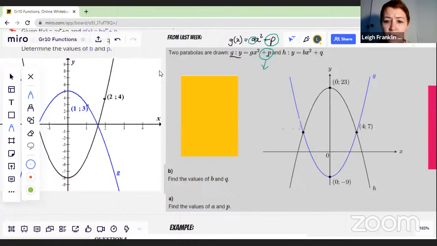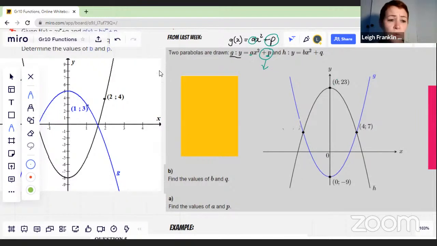Nizol, if you look at the picture, g of x is the blue graph. So we're looking at the blue graph. Can anybody tell me what is the value of y at the y-intercept? Sihle, do you know what the value of y is at the y-intercept for the blue graph? You can unmute your mic or type it into the chat.